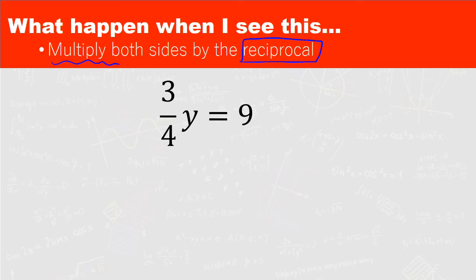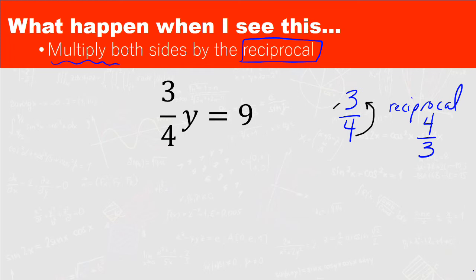The reciprocal of 3/4 is 4 over 3. So all we're doing is flipping our fraction, so the denominator becomes the numerator and the numerator becomes the denominator. So we're going to multiply both sides by the reciprocal, and we're going to see what happens.